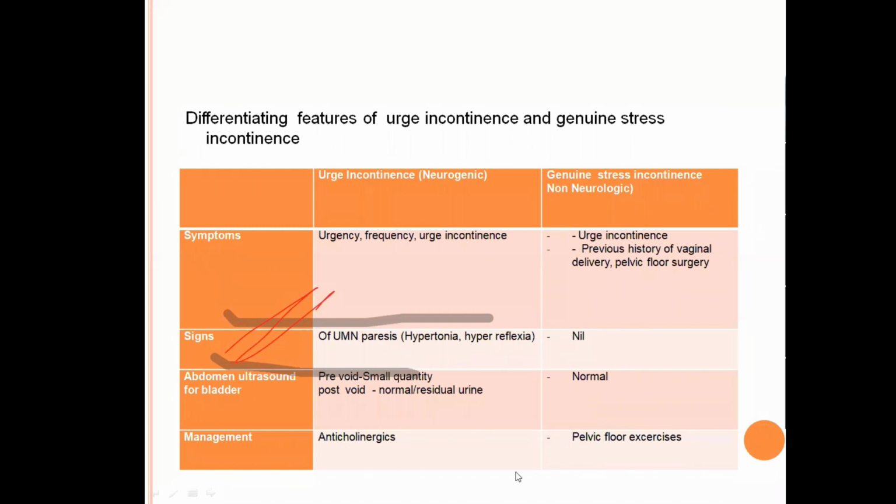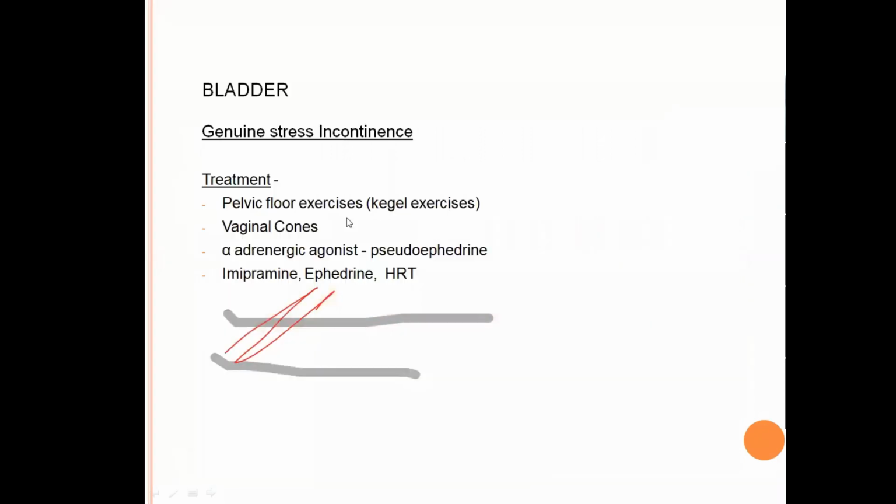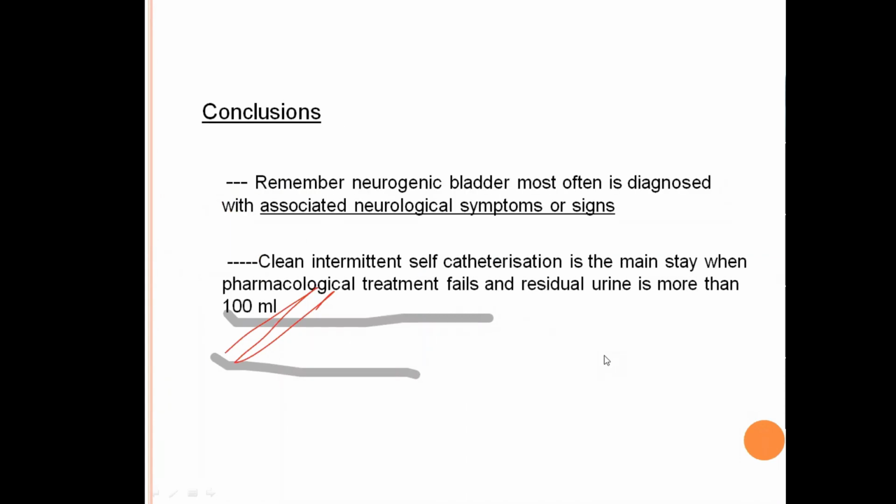Management here is anticholinergics. Here it is to strengthen the pelvic floor with exercise, what is called as Kegel's exercise, vaginal cones. One may use alpha-adrenergic agonists like pseudoephedrine and other pharmacological treatment like imipramine and ephedrine, and hormone replacement therapy.